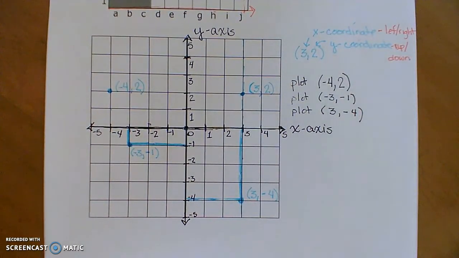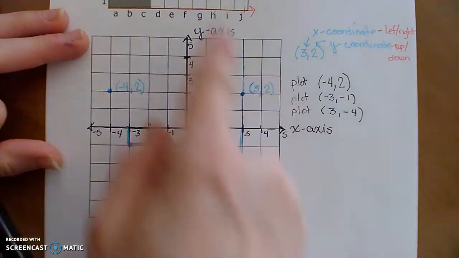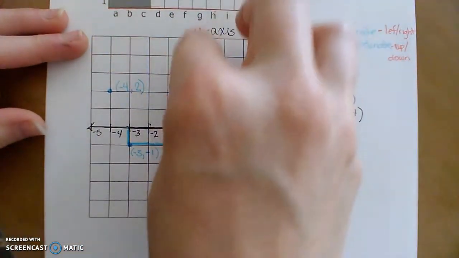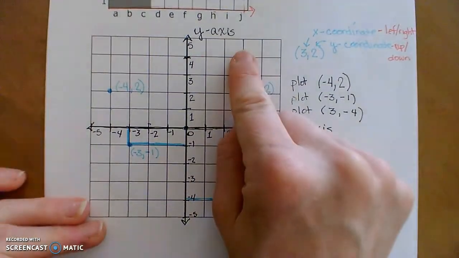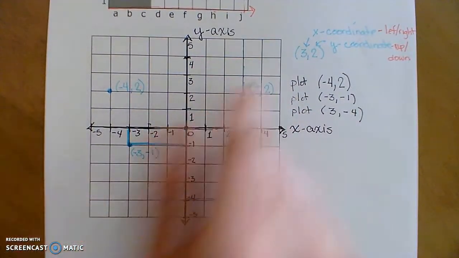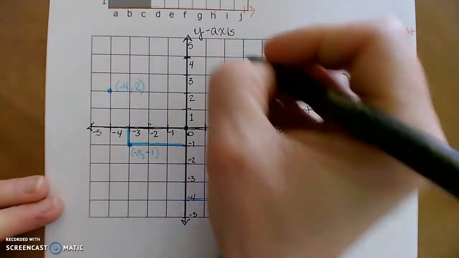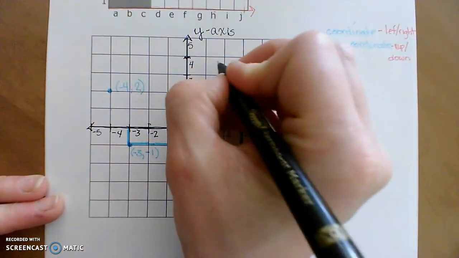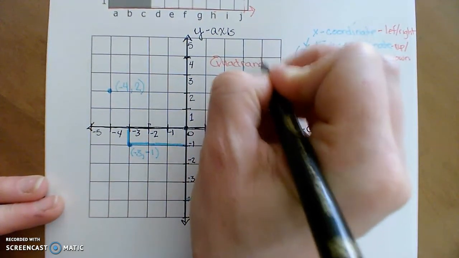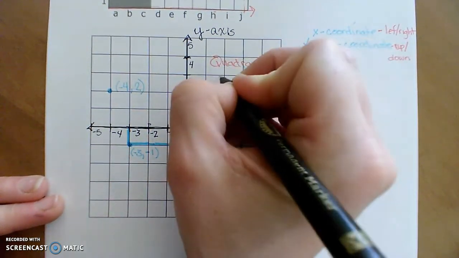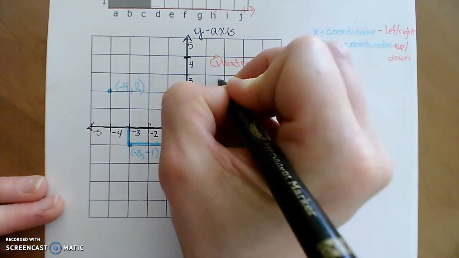Now, let's talk about the quadrants. So the x and y axis break your plane up into 4 distinct regions. The first region is where everything is positive. That's called quadrant 1, and we indicate the quadrants by using Roman numerals.